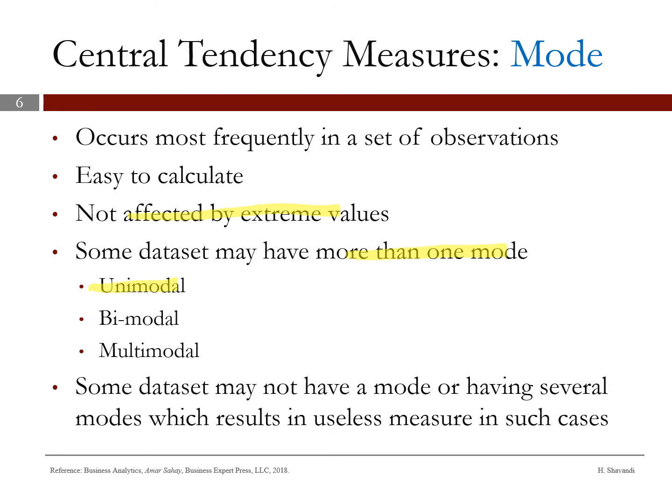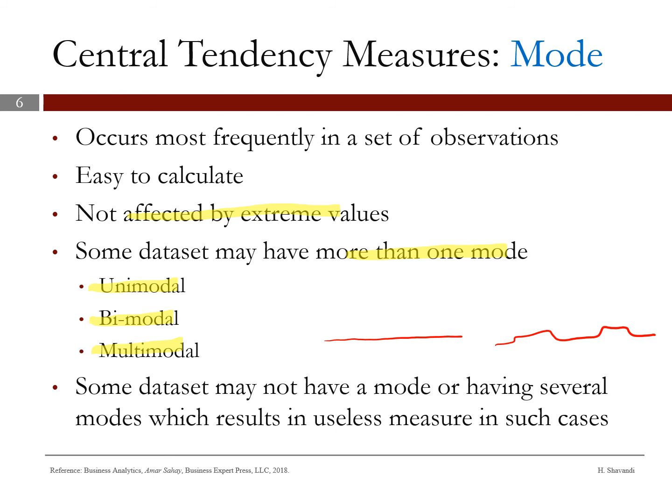If we have two modes, it is bimodal, and if we have multiple modes, we call that multimodal. Some data sets may not have a mode. They are somehow uniform like this. Okay, I mean not perfectly uniform, but something like that. We call this an approximately uniform data set, and we say that there is no mode in that data set.